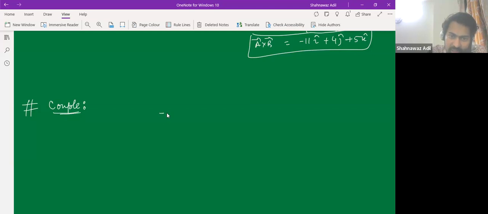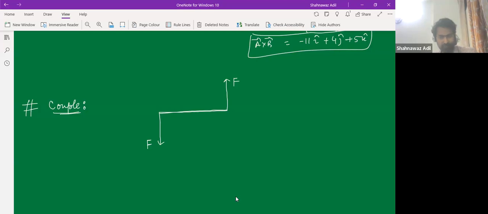So let's say you have this rod, and you are applying an equal amount of force in this direction and in this direction. What will happen to this rod?